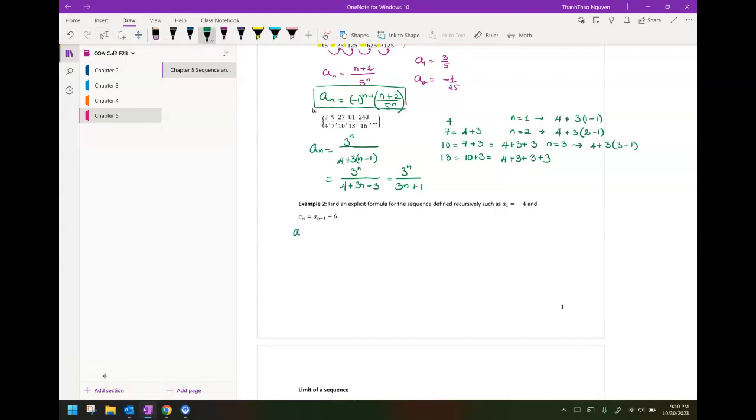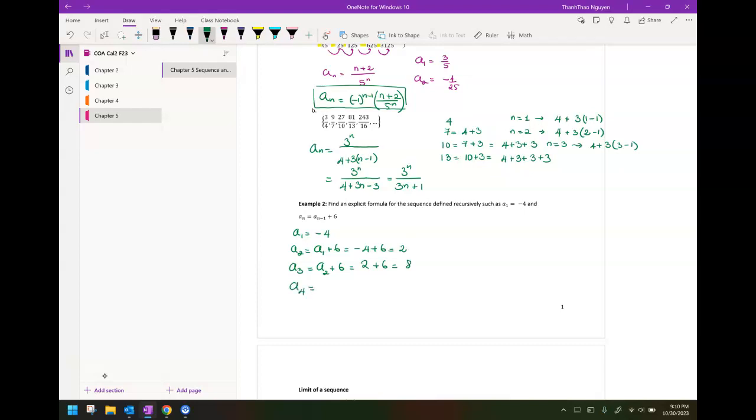So a sub 1 equals negative 4. Then a sub 2 will be equal to a sub 1 plus 6. That makes negative 4 plus 6, which makes 2. A sub 3 equals a sub 2 plus 6, that is 2 plus 6, which makes 8.